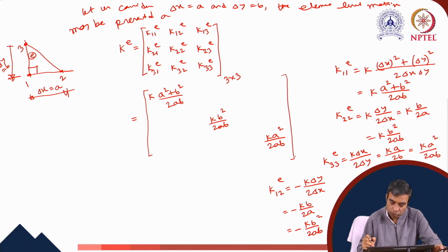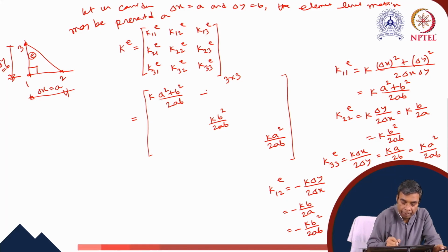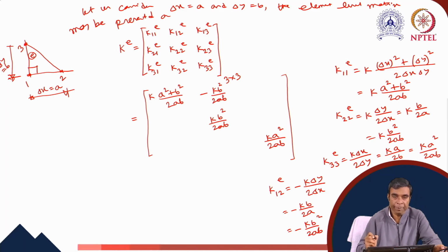Our k12 term was minus kb square by 2ab. So the remaining terms we can fill.